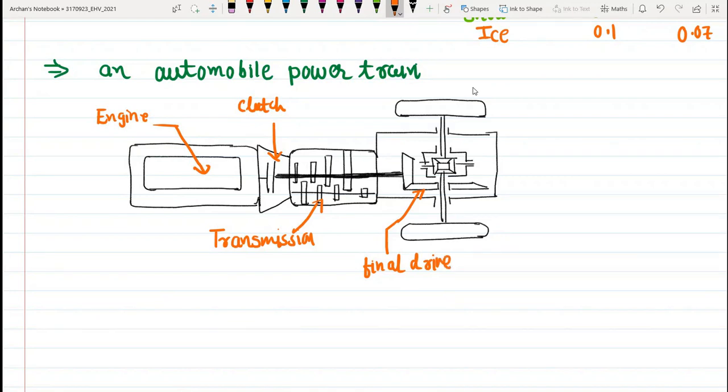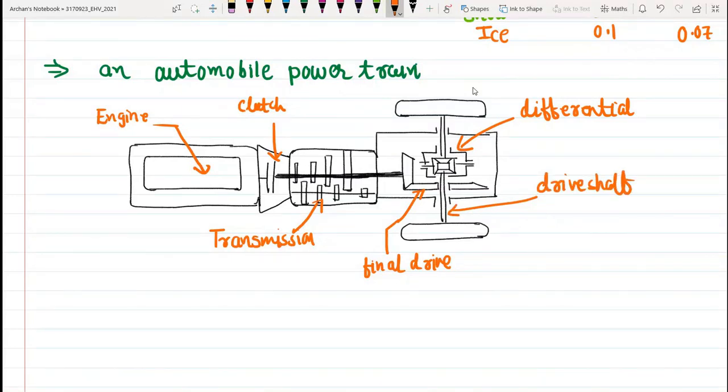Okay. And then there will be differential. This is my drive shaft. And these are the driven wheels. Okay. So this depicts the illustration of an automobile powertrain, right?